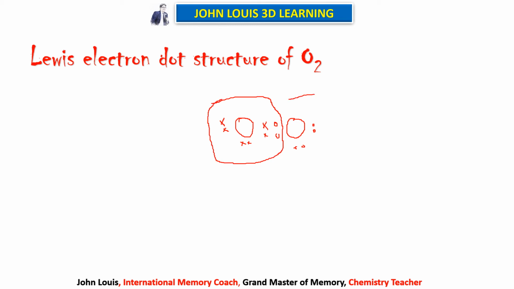Similarly, the second oxygen atom also is having the octet structure, 8 electrons, by sharing electrons with the first oxygen atom. Thereby both attain the octet stable structure. That's it. So once they attain stability, octet structure, they become automatically stable. Therefore, since 2 electron pairs are shared between oxygen atoms, there is a double bond between oxygen and oxygen.